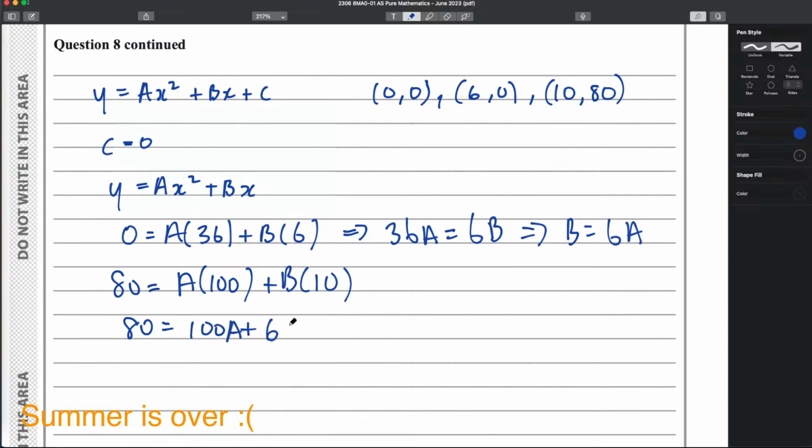Plus 60a. So therefore 160a equals 80, which gives us a equals a half, which gives us b equals 3.